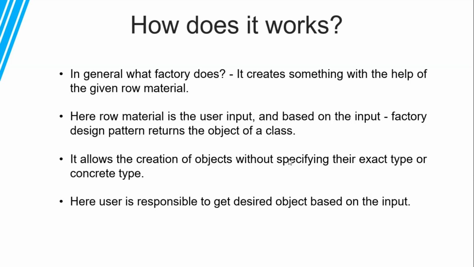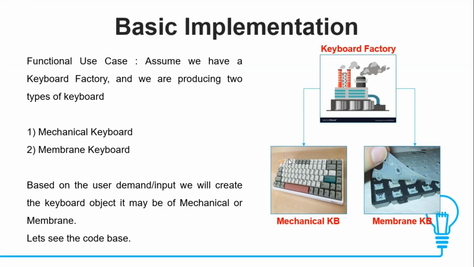So let's move ahead. Here we are going to use a keyboard example as a basic implementation of the factory design pattern. The functional use case I have taken is, assume that we have a keyboard factory and we are producing two types of keyboard, a mechanical keyboard and a membrane keyboard. Based on the user demand or request, we are going to create keyboard objects, which may be mechanical or membrane.